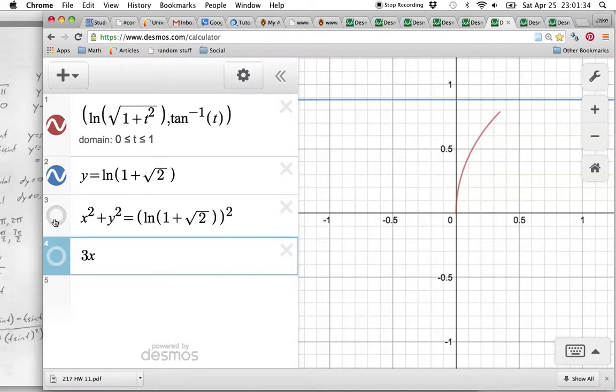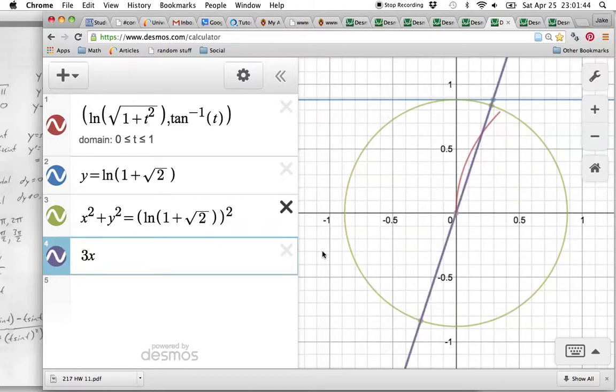And just to give you a better picture, if you made this into a radius, straightened it out into a radius, it might hit that circle. And I think we get that same situation there. Okay, so that was number 6.